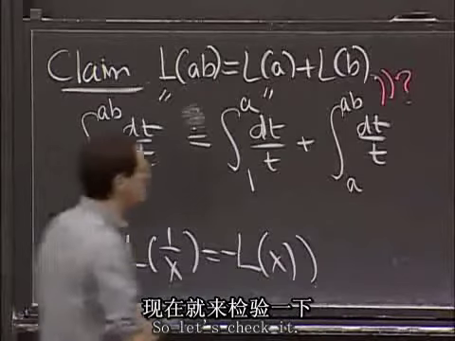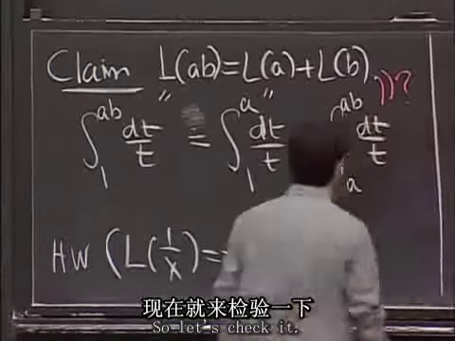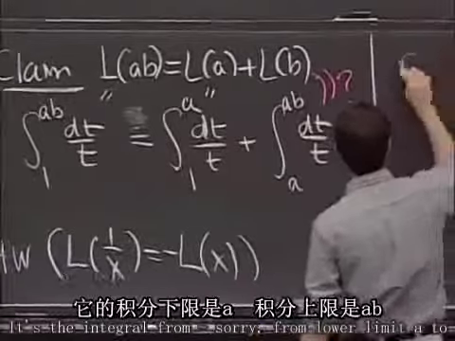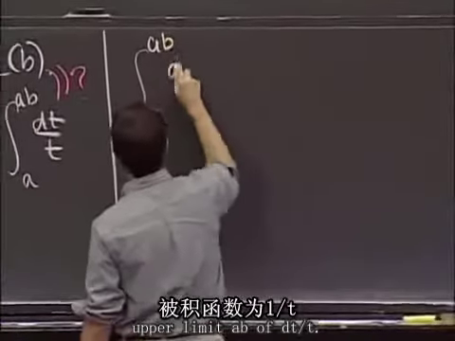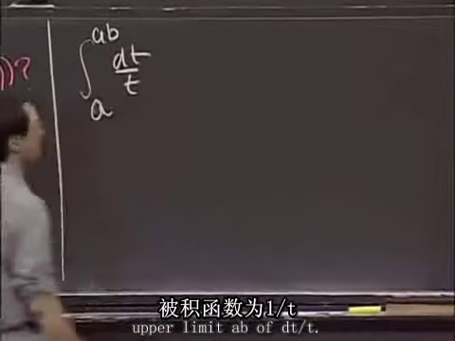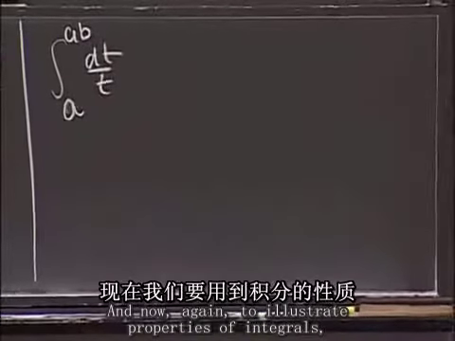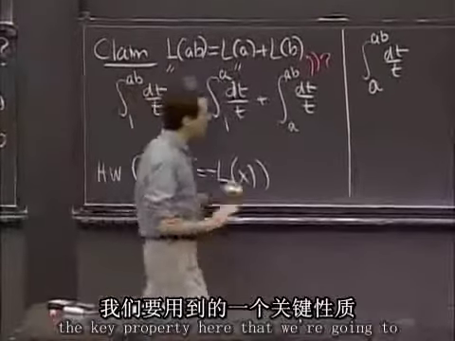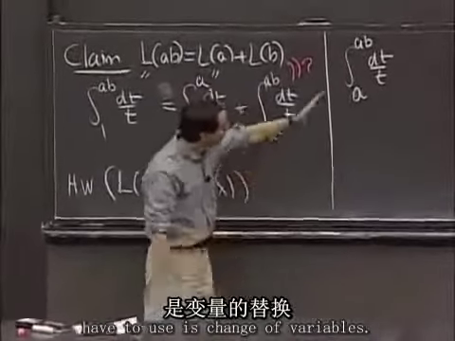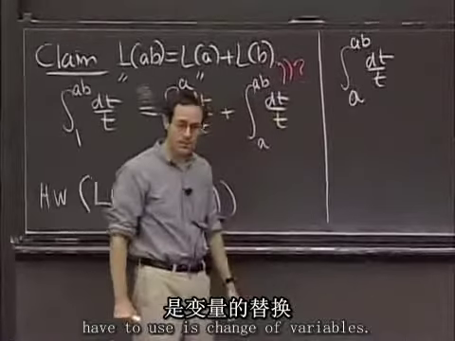So let's check it. I'm going to rewrite the integral. It's the integral from lower limit a to upper limit ab of dt over t. And now, to illustrate properties of integrals, the key property we're going to use is change of variables.